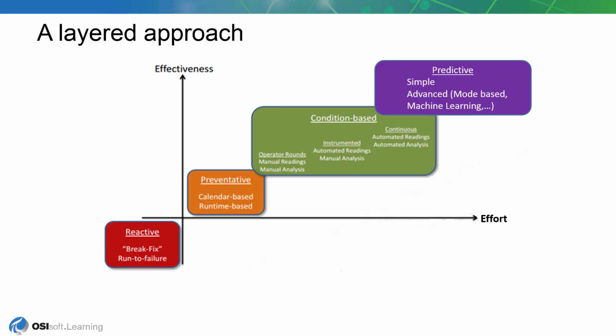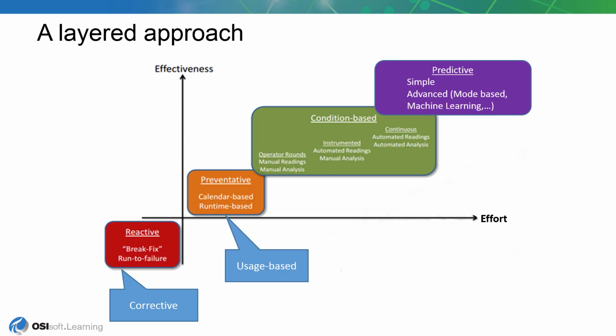To dig into all this using a picture, this screen shows the layers. Note that the x-axis is effort and the y-axis is effectiveness. At the lowest rung, you do nothing and wait for the asset to fail. This is break fix or run to failure, also called reactive or corrective maintenance.